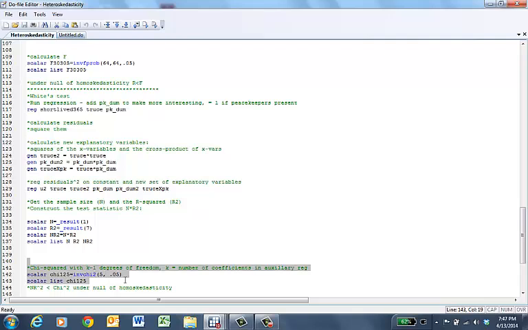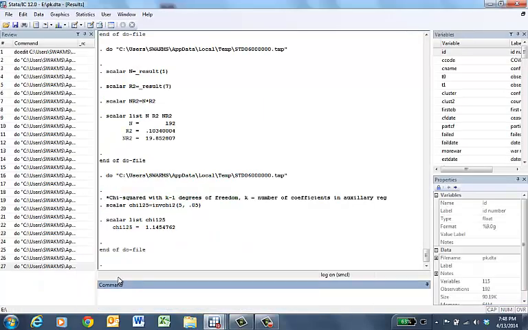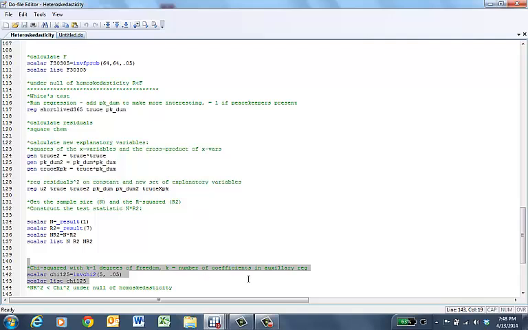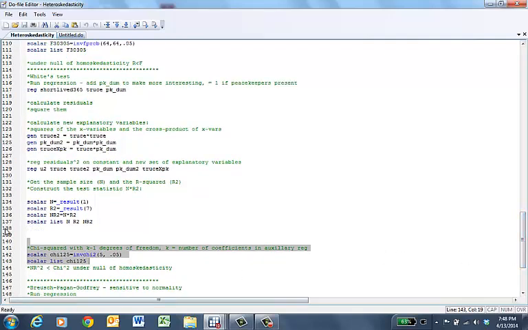And we want 0.05, we're going to set that as our confidence level, so a 95% confidence level. This computes our chi-squared value. And then we compare this to our n times our R squared.